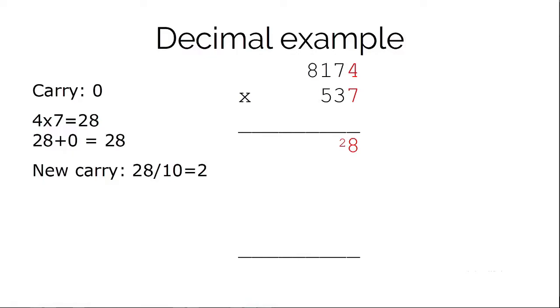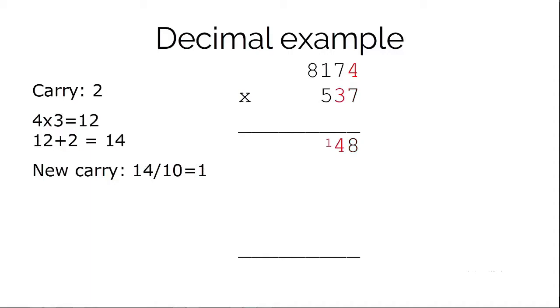And since we have no carry, we just add nothing to the 28, and that's our final result. And we get a new carry by an integer division, dividing the result by the base, which is 10. So 28 divided by 10 gives 2 and a remainder, which is 8. So 8 is set to the first digit, and the 2 is set as a carry.